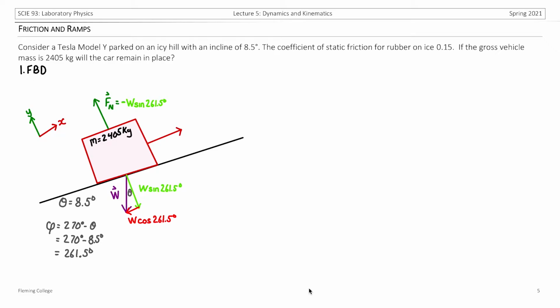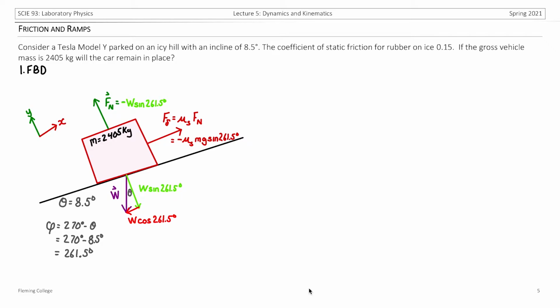Friction is tricky. The force of friction is based on a magnitude of mu, in this case static, multiplied by the magnitude of the normal force, which in this case gives us the negative mass times gravity times sine of 265. When we combine that with our coefficient of friction, we have an equation that ends up looking like this.